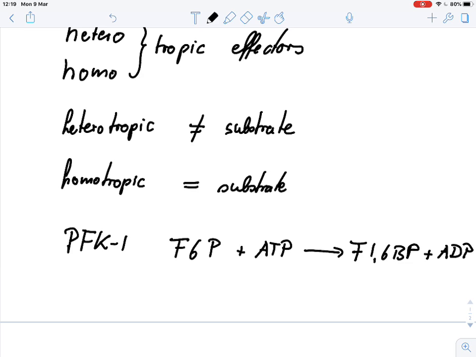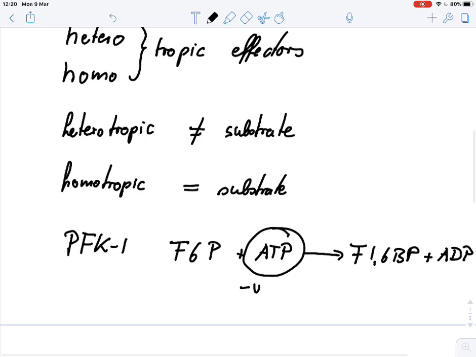This is one of the what are called rate-limiting reactions. That's one of the slow reactions in glycolysis. One of the substrates is ATP. That's the substrate. And at the same time, ATP is also a negative effector, sort of an inhibitor. So it's a homotropic effector.